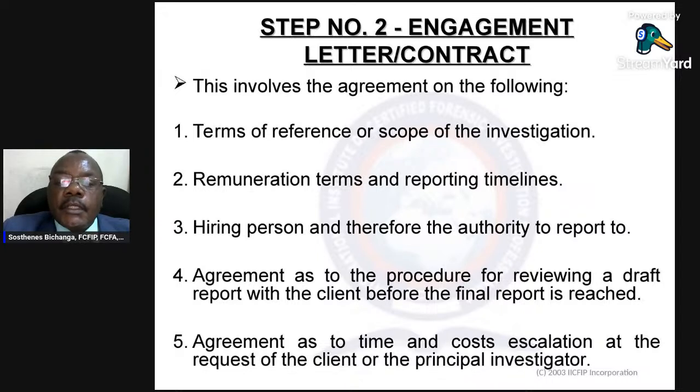We also noted that the costs for the pre-engagement investigation must be borne, carried or absorbed by the investigator, because it goes a long way in saving him a lot of trouble.